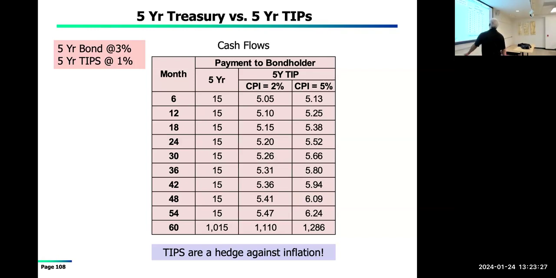In any case, you just look at a 5-year. I did this example with a 5-year bond at 3%. So this was done a while ago, and 5-year TIPS at 1%. Okay, and it turns out that at any point in time, you discount the cash flows associated with these two streams.